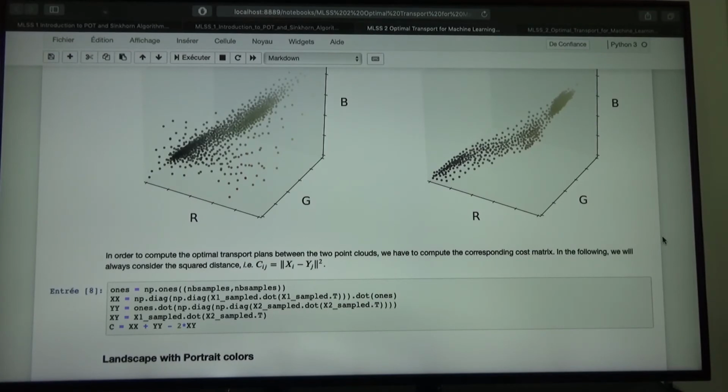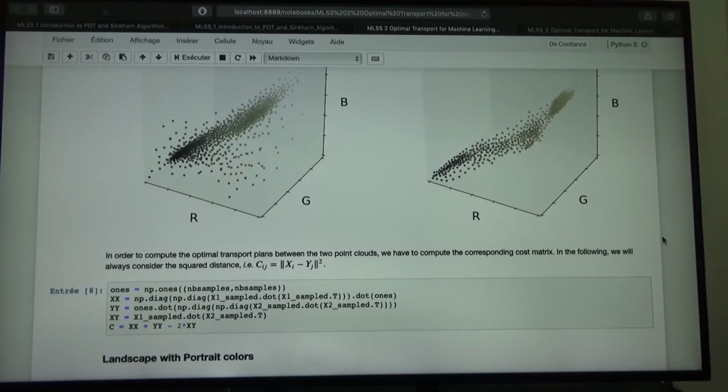So now we have to compute the optimal transport plan between those two weighted point clouds. The weights are just going to be uniform, so you just take the vectors of ones. And now we have to compute the cost. As we said earlier, and we saw in the first part of this tutorial, choosing the cost will impact the solution of the optimal transport problem.